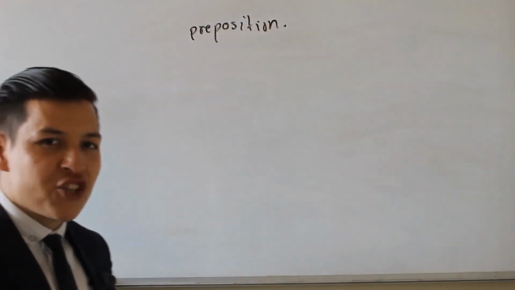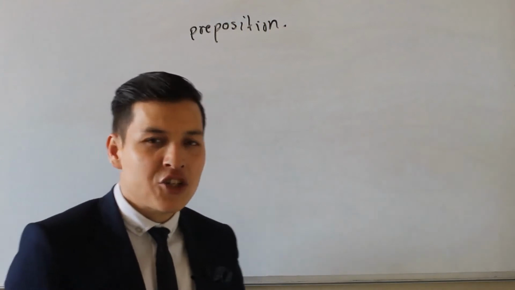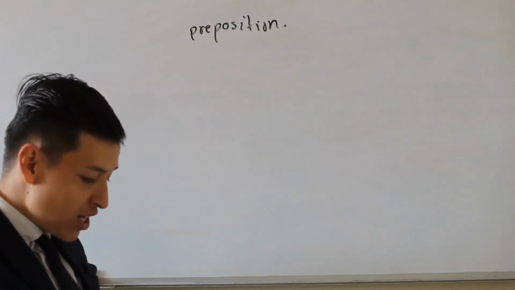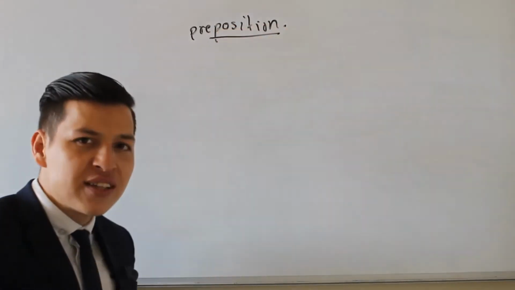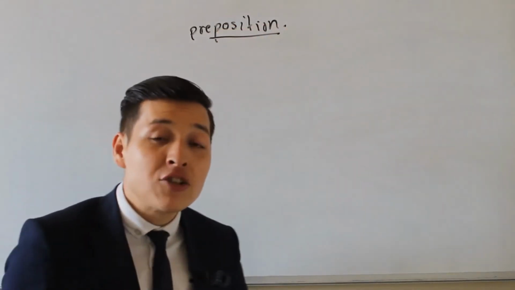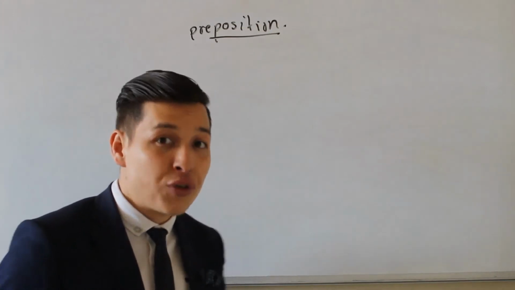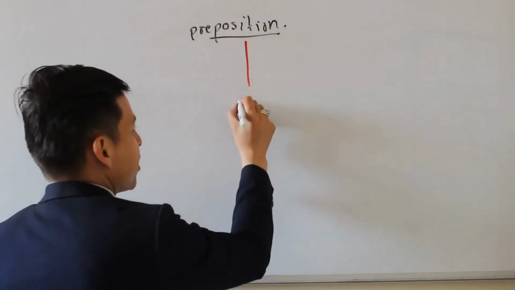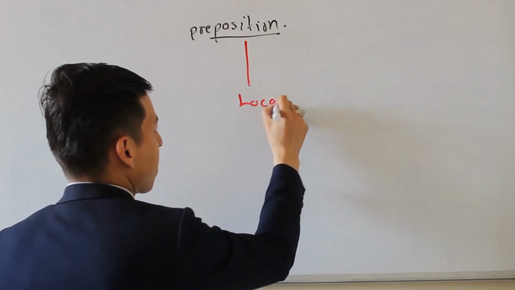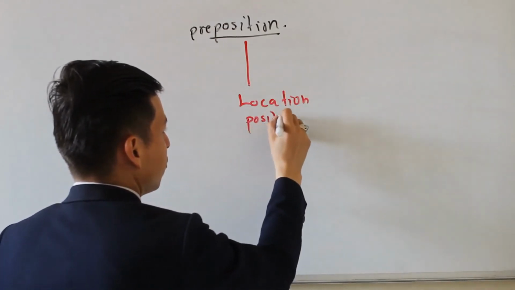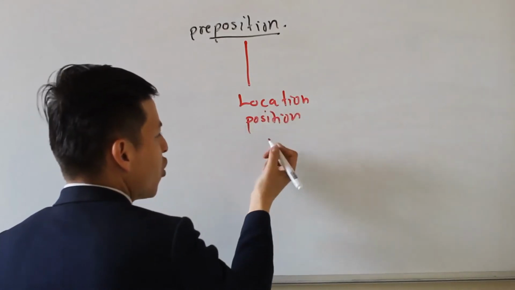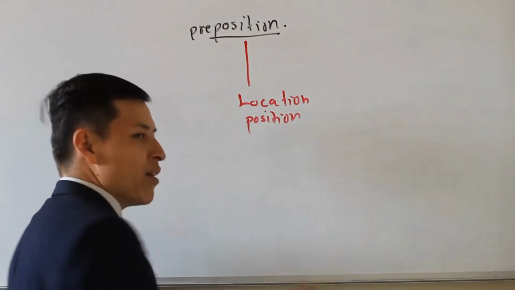So what is a preposition? Preposition is clear. It shows its definition in its own word. Preposition is exactly a word that shows location, possession, or exactly where something is.